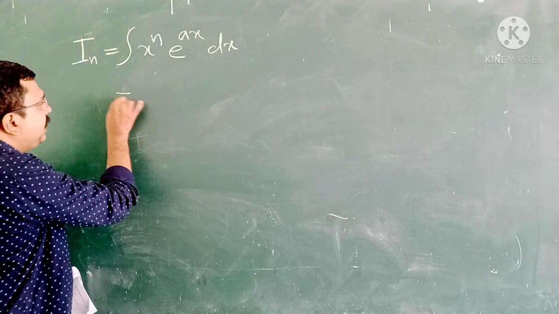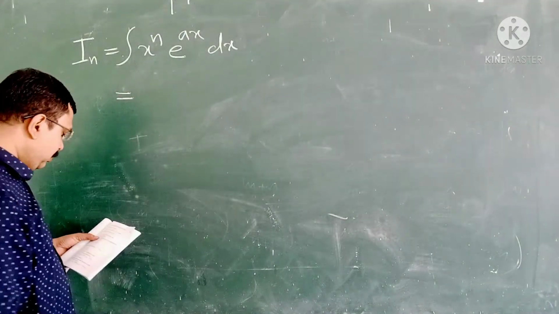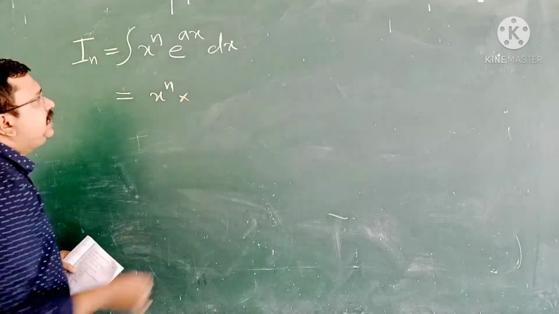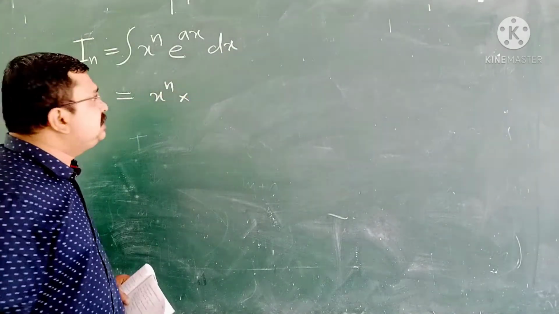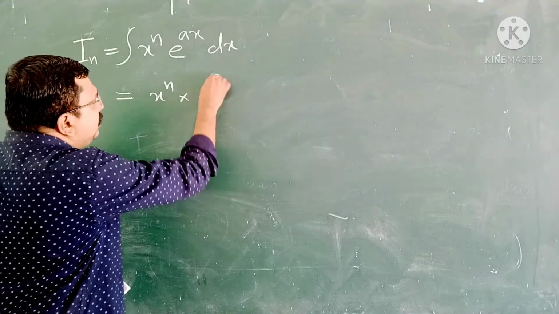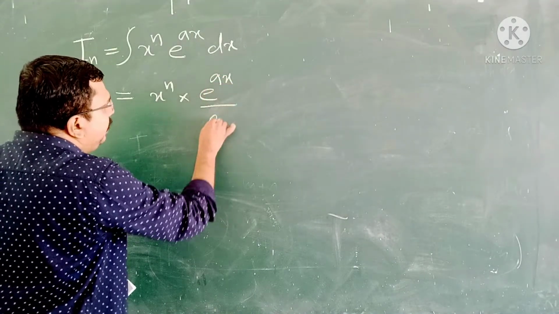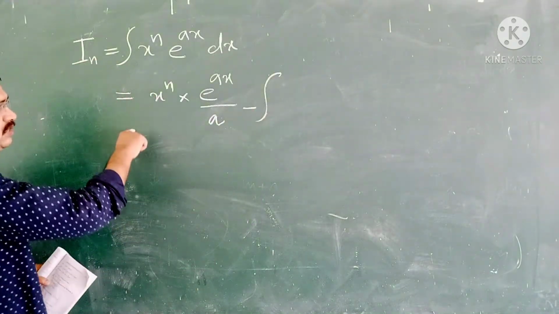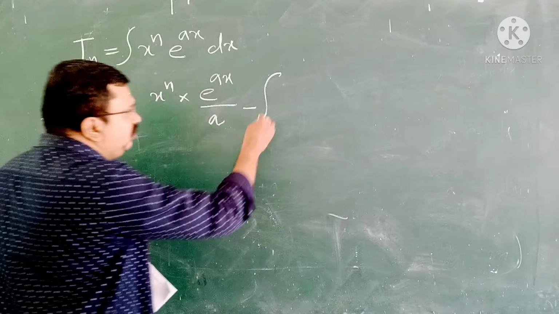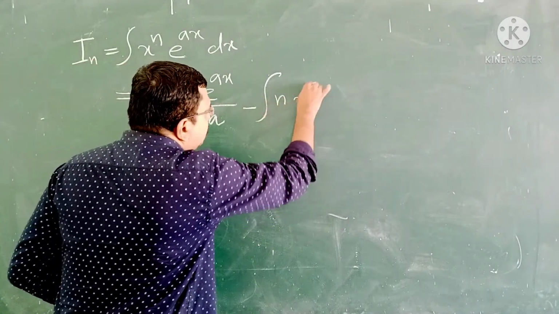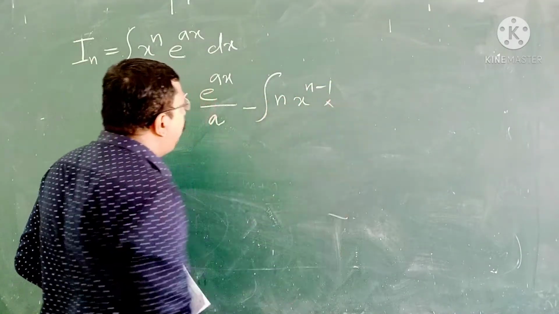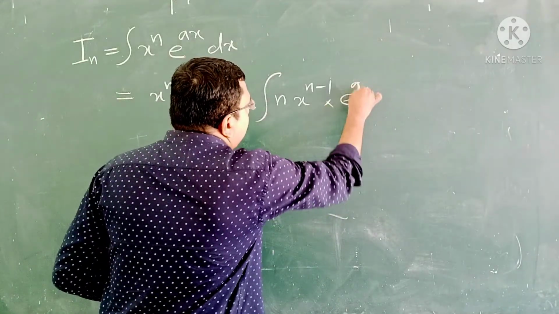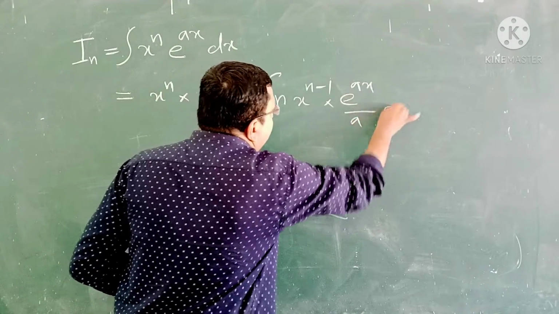Therefore, this can be written as first function x raised to n into integral of e raised to ax, that is e raised to ax divided by a, minus integral of derivative of first function. First function is x raised to n. Its derivative is n into x raised to n minus 1, into integral of second function e raised to ax divided by a dx.